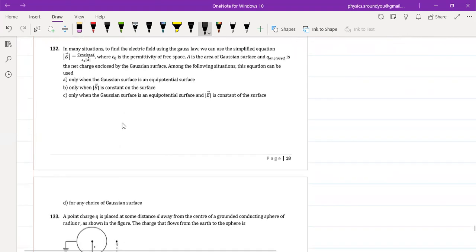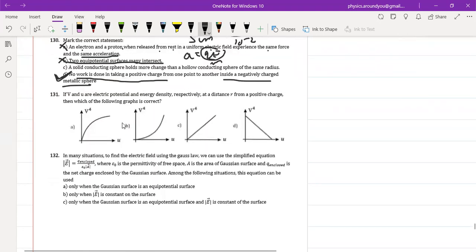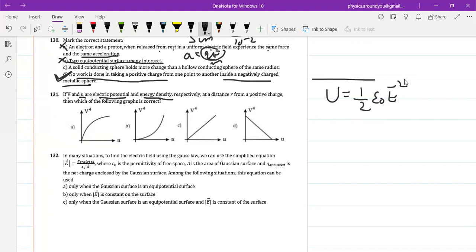Now, question number 131. What is electric potential and energy density? Energy density is always given by half epsilon naught E square, NCERT ka line.